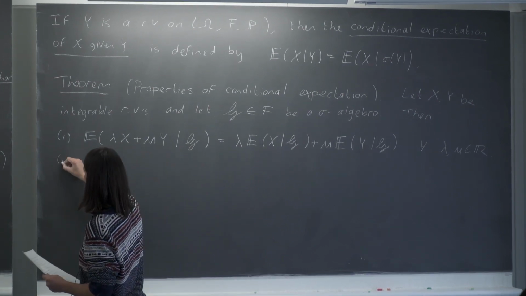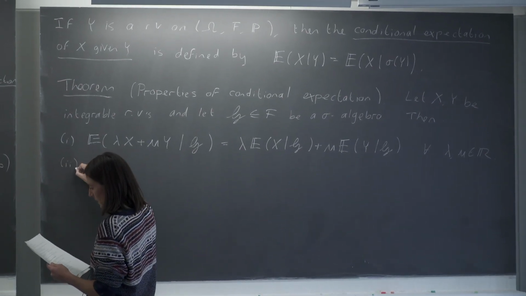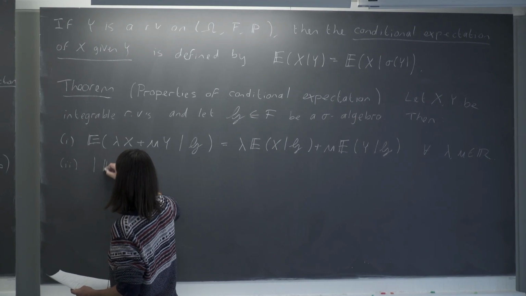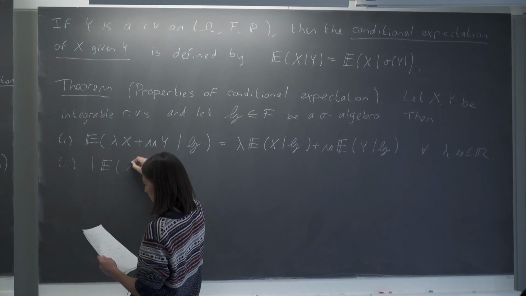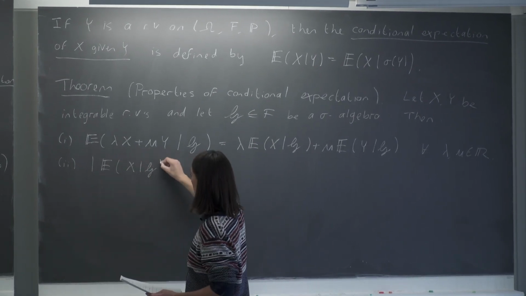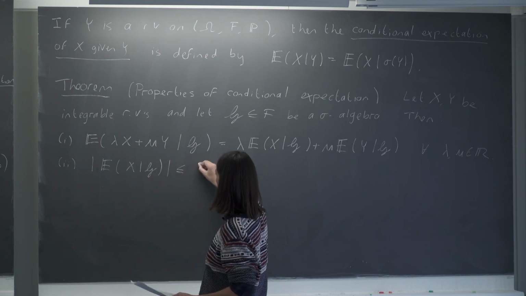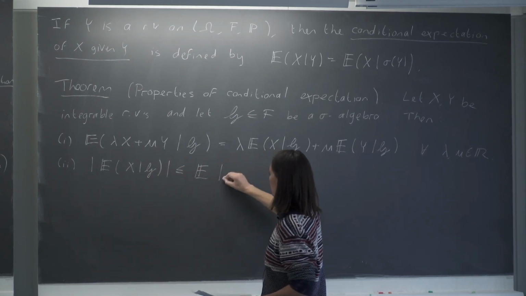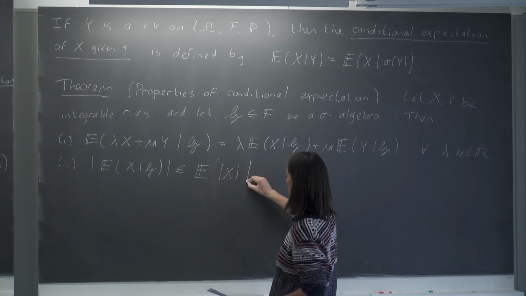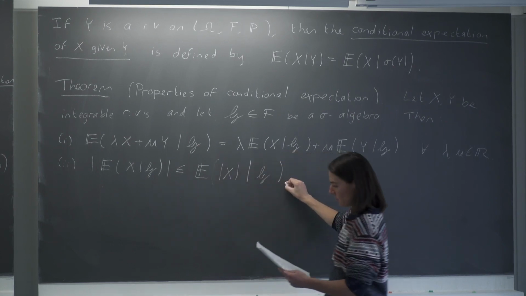Second property is that the modulus of the expected value of X conditioned on G is less than or equal to the conditional expected value of the modulus of X conditioned on G.